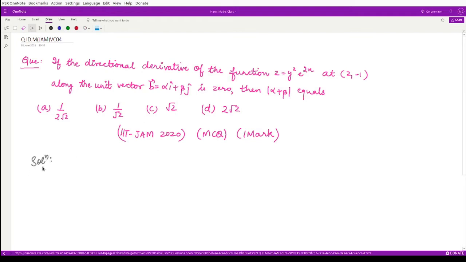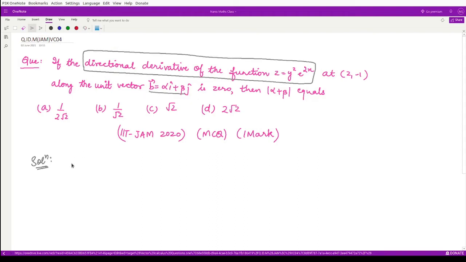For the solution, what are we to do? We are to first calculate the directional derivative of this function at the given point along the direction of this unit vector. Whenever you are required to calculate the directional derivative, you should remember that you require 3 things. Firstly, the given function.